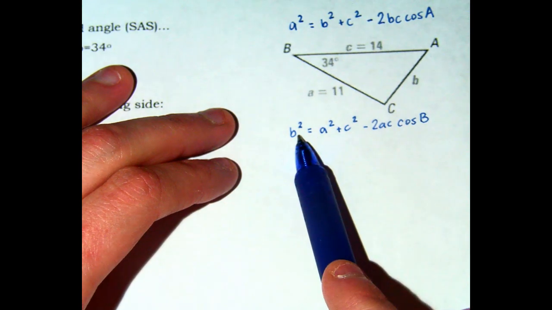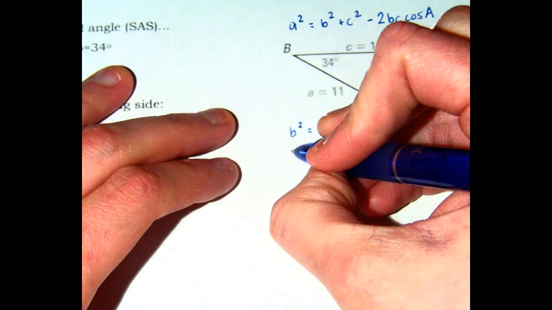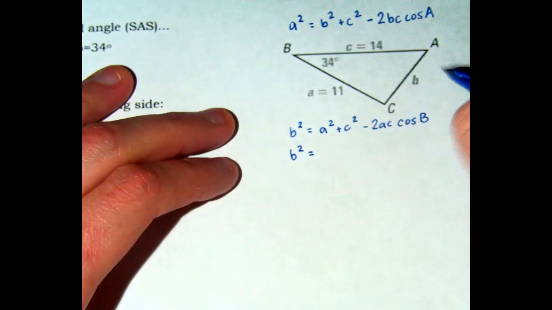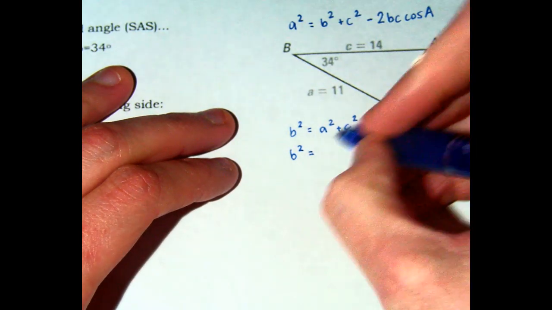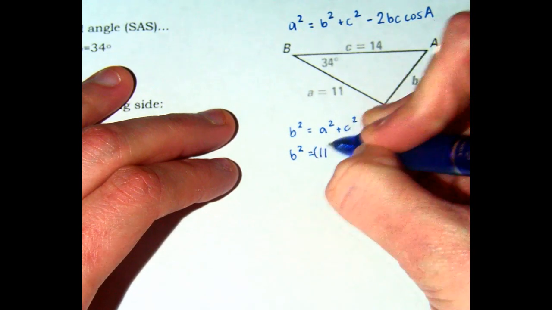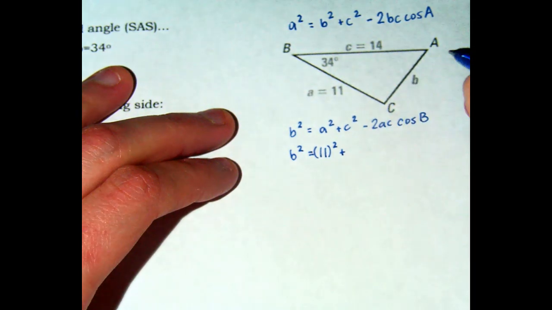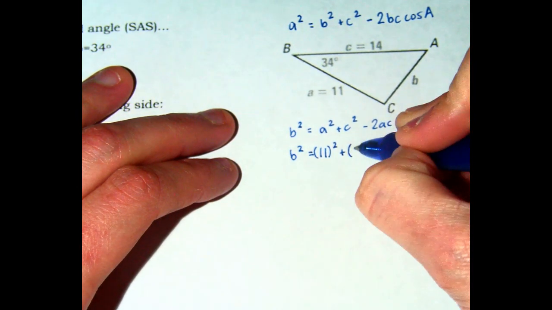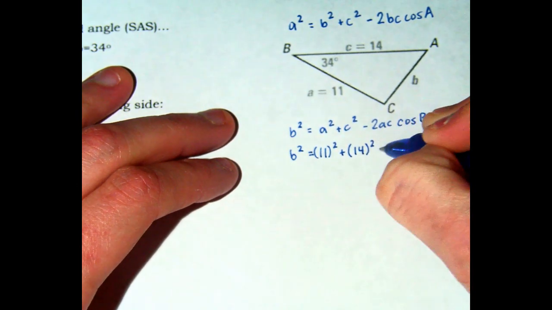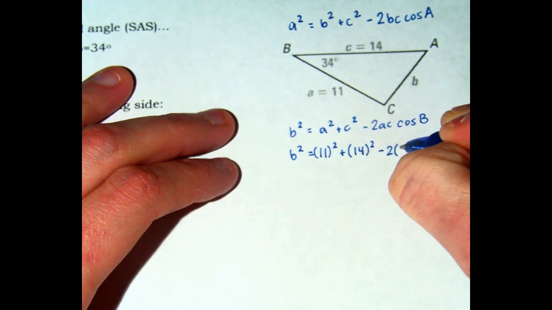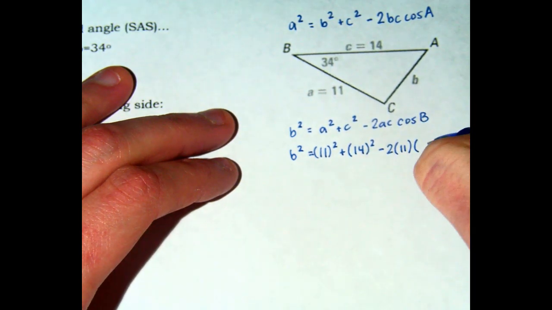Do I know B? Do I know A? What is it? Do I know C? What is it? Minus 2. We said A was 11. C was 14.